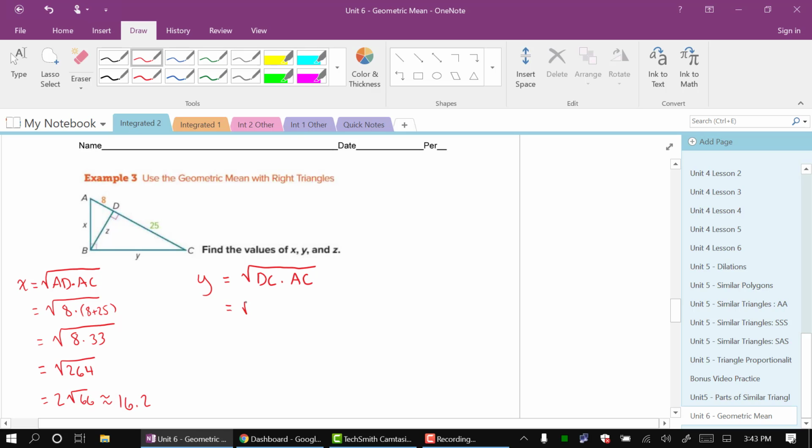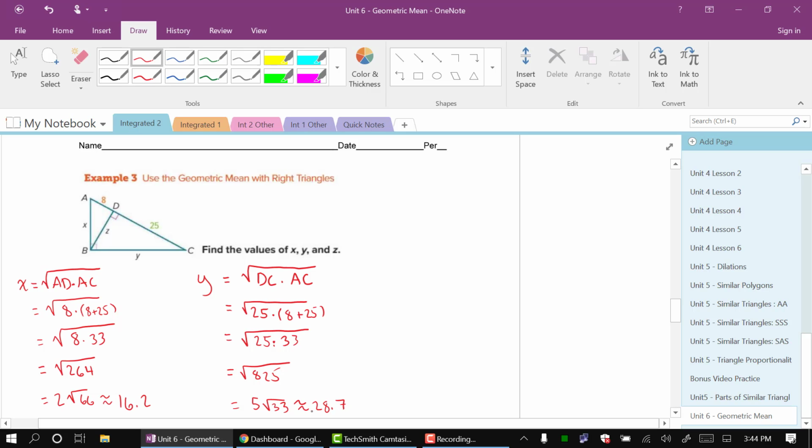So it's going to give me the square root of 25 times AC, which we had from before, is 8 plus 25. So that's going to give me the square root of 25 times 33, which is going to give me the square root of 825. Again, it doesn't give me a nice number. It's going to give me 5 root 33, which is about 28.7.